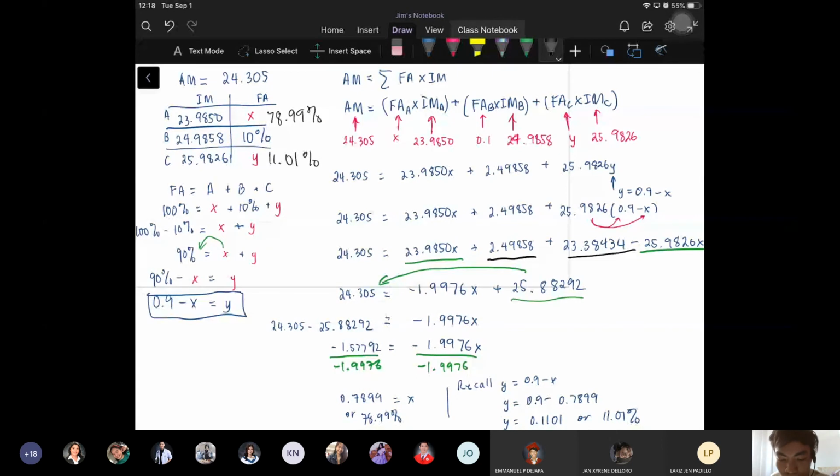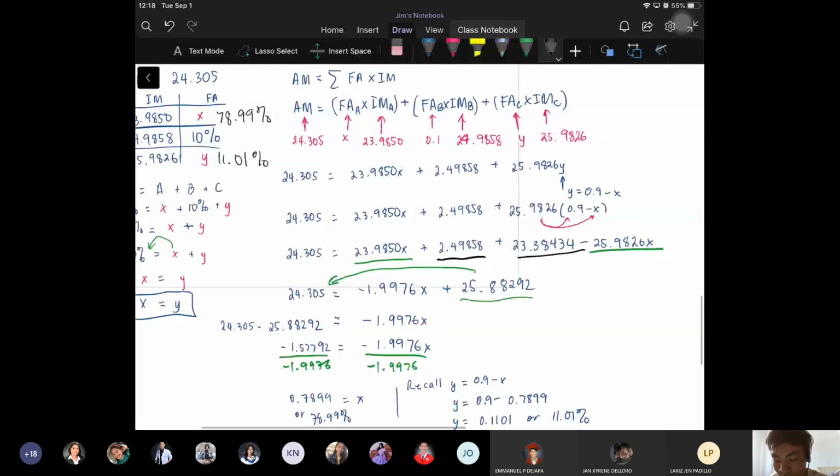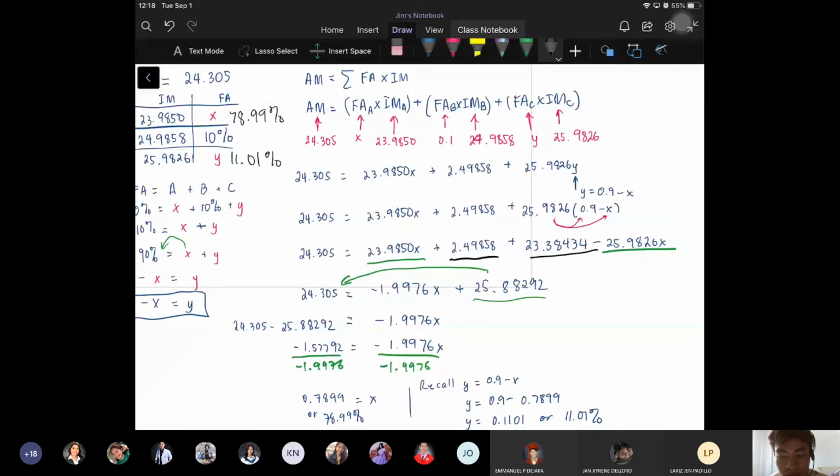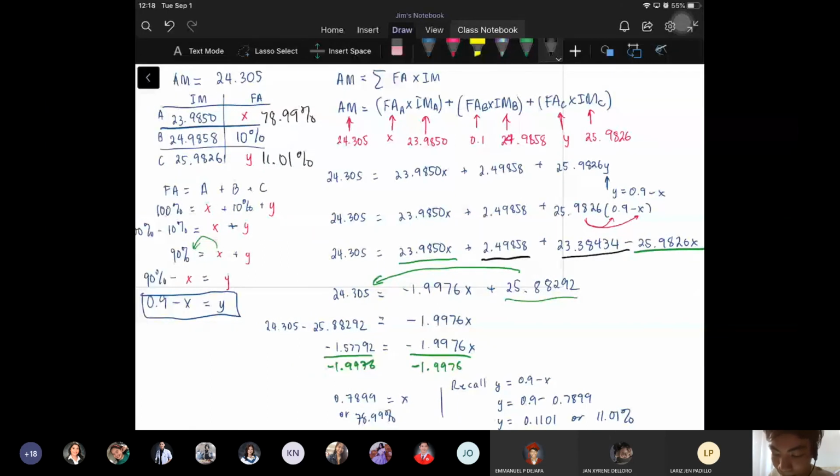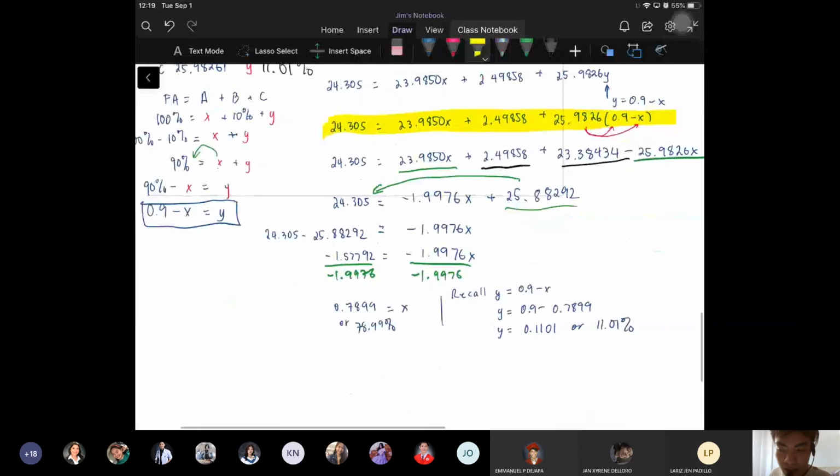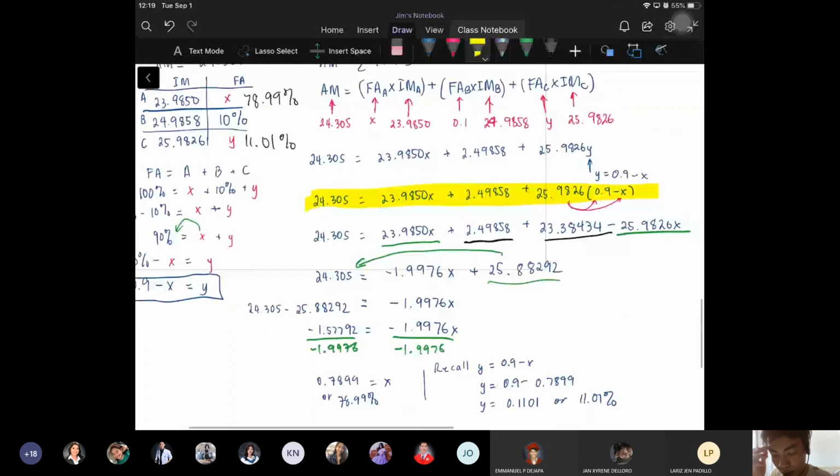So how are we going to do the calculator technique? The shift solve technique that we talked about last time. In order to solve this using the shortcut, let's go back to this part of the equation, so we don't have to solve the algebra.